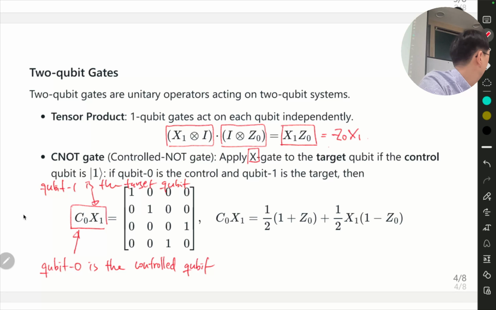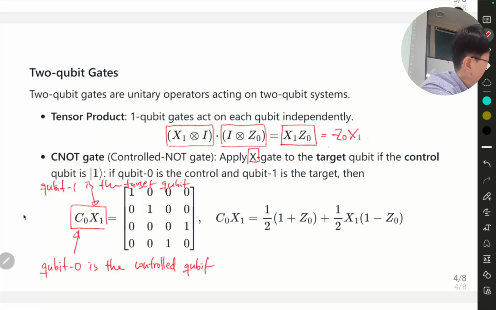Okay, target qubit. So depending on the state of the control qubit, if it's in the state 1, then you apply the X gate on the target qubit. If it's in the state 0, then you don't do anything on the target qubit.